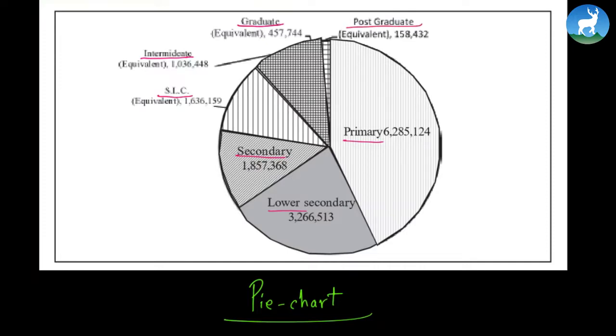In fact, we are talking in terms of lakhs, so it is a handful of people who really go into postgraduate level.